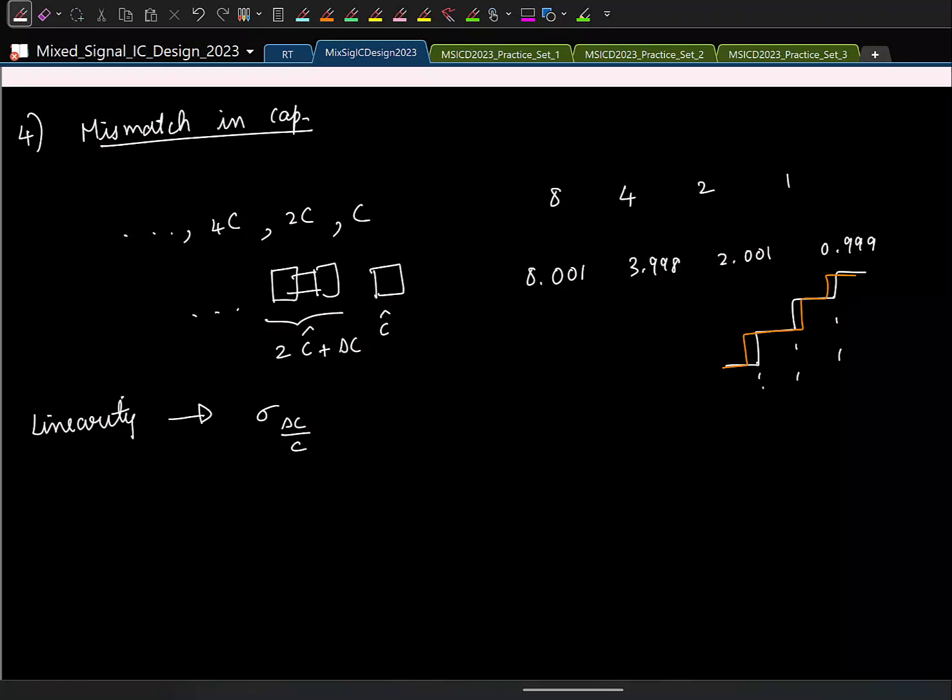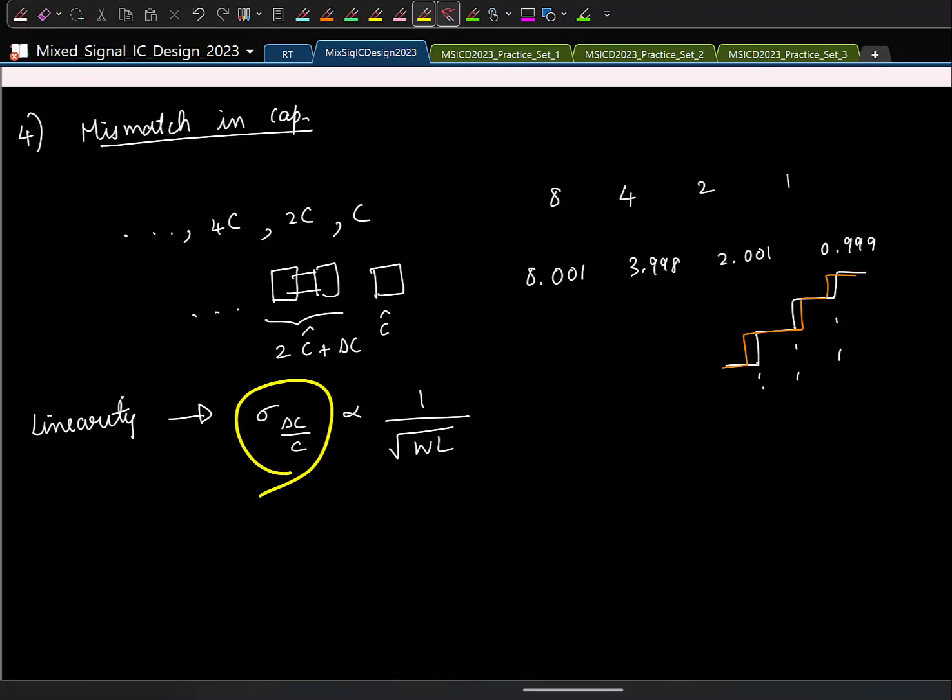You can increase the size, and the reason was the mismatches were all inversely proportional to the square root of the area. Even in capacitors, the same thing holds good. So the standard deviation of the mismatch is inversely proportional to the square root of the area, which means to meet a particular matching condition, you will end up having a minimum area for the capacitors.